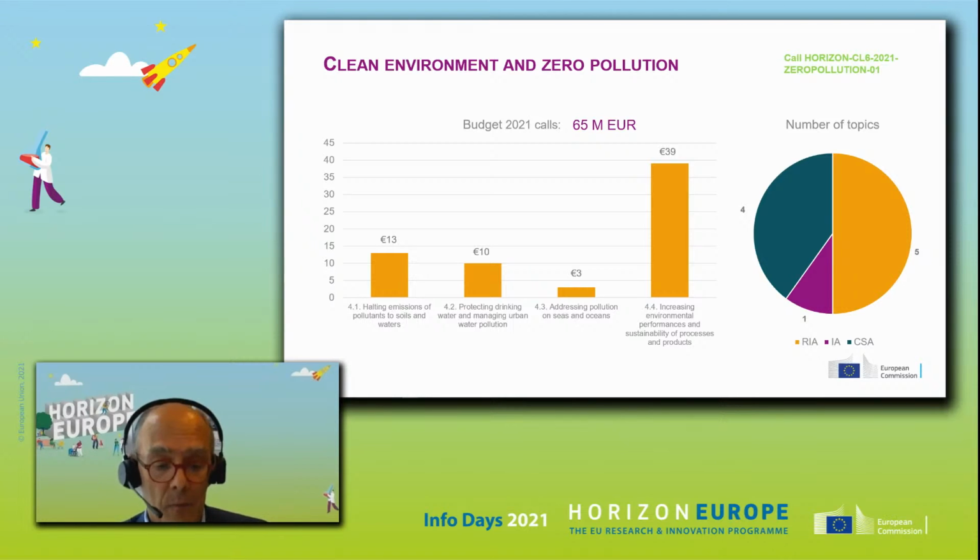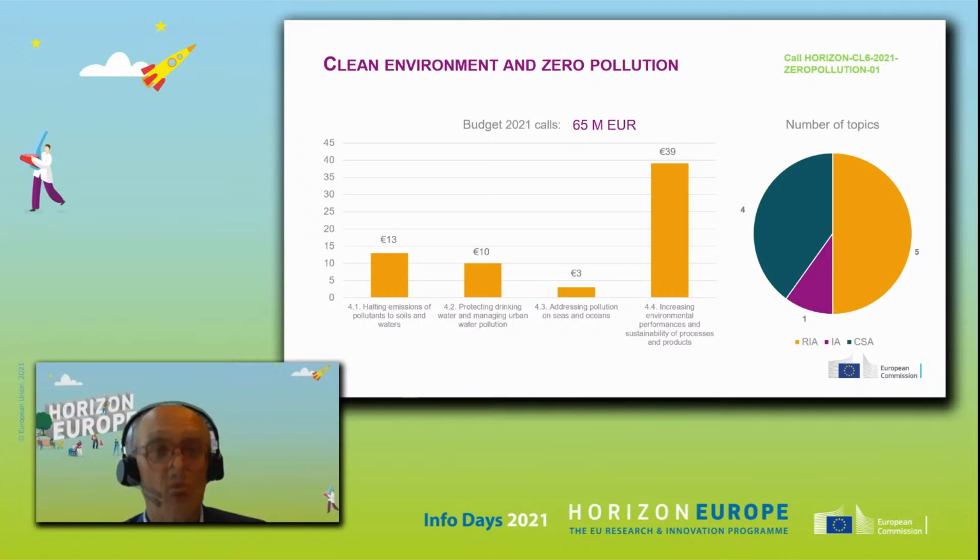And then we have two topics with 13 million euros for the first heading on halting emission of pollutants to soils and waters. We have only one topic related to urban water pollution with an overall budget of 10 million.